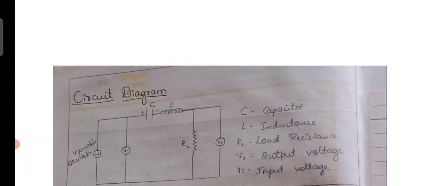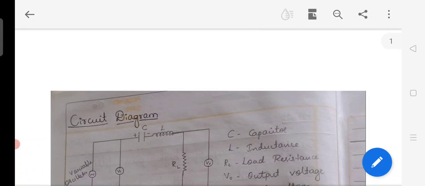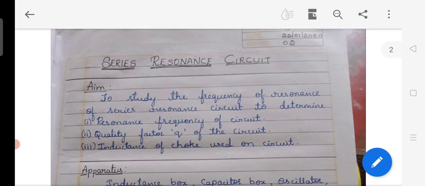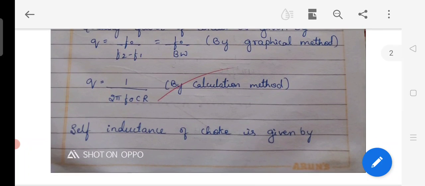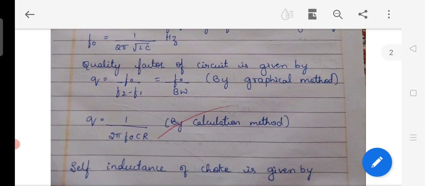In this experiment, we are going to obtain the inductance of an inductor, resonant frequency and quality factor by using both graphical method and theoretical method.